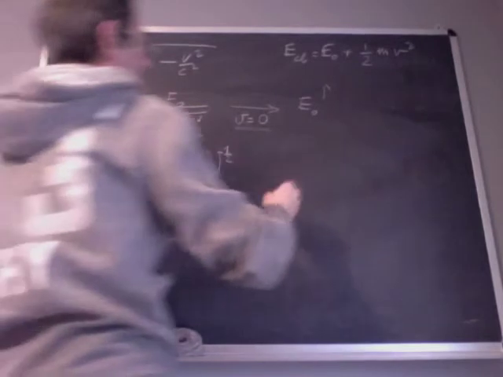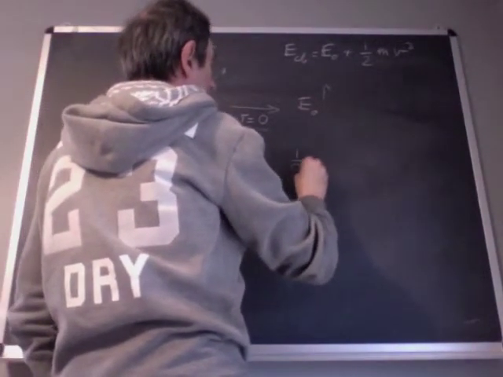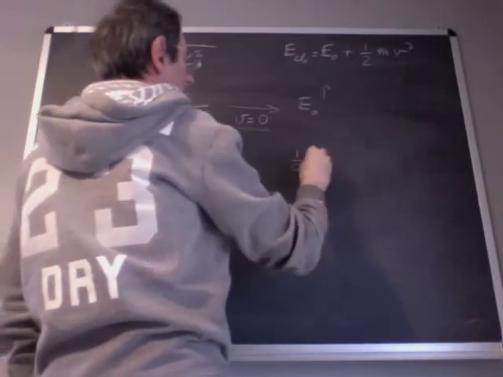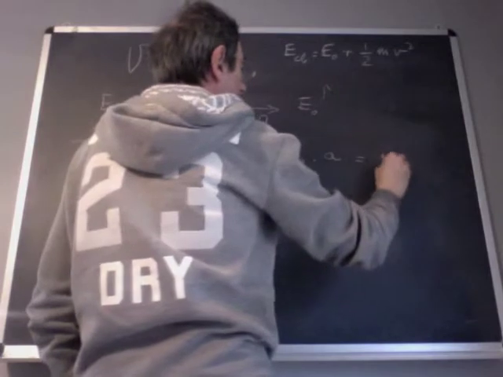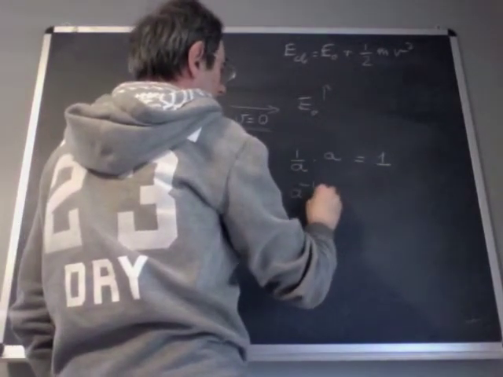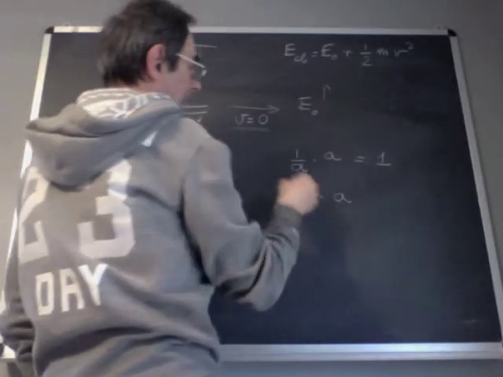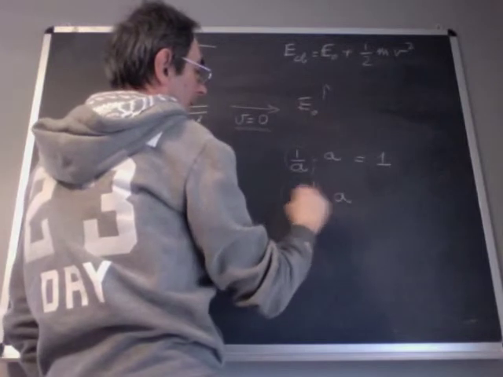This is due again to the fact that 1 over a times a is equal to 1, and this is obtained in the exponential form. If you substitute this expression into this one, you add the exponents.